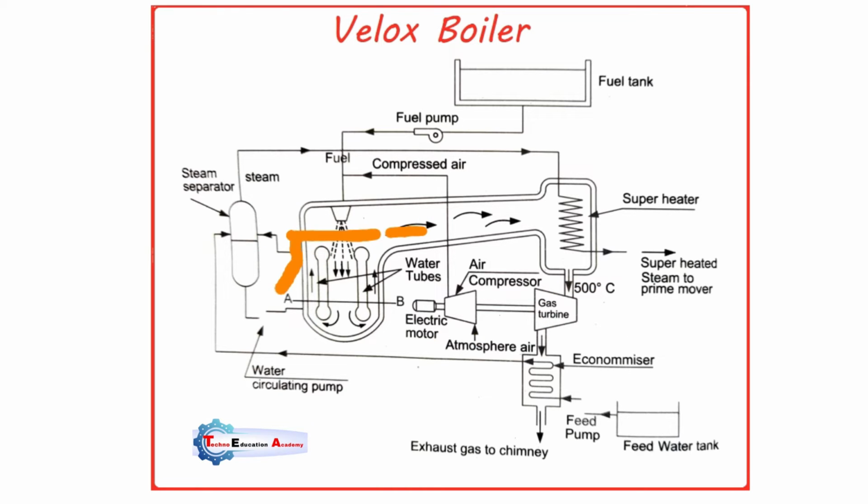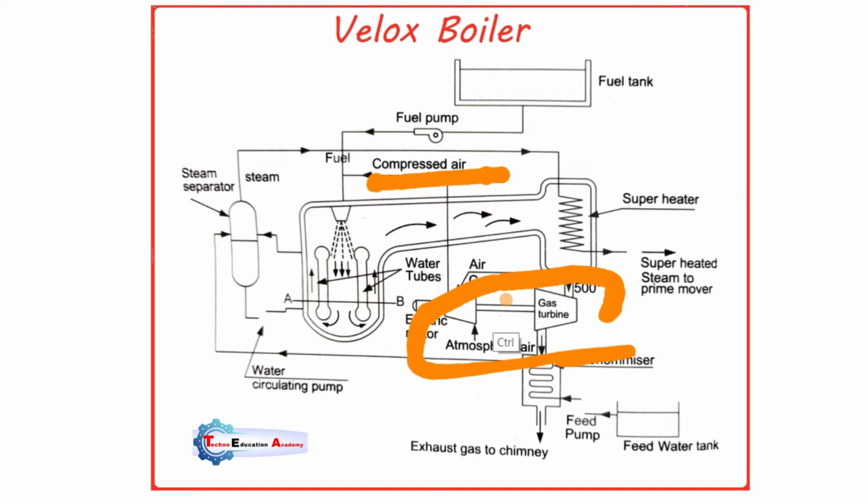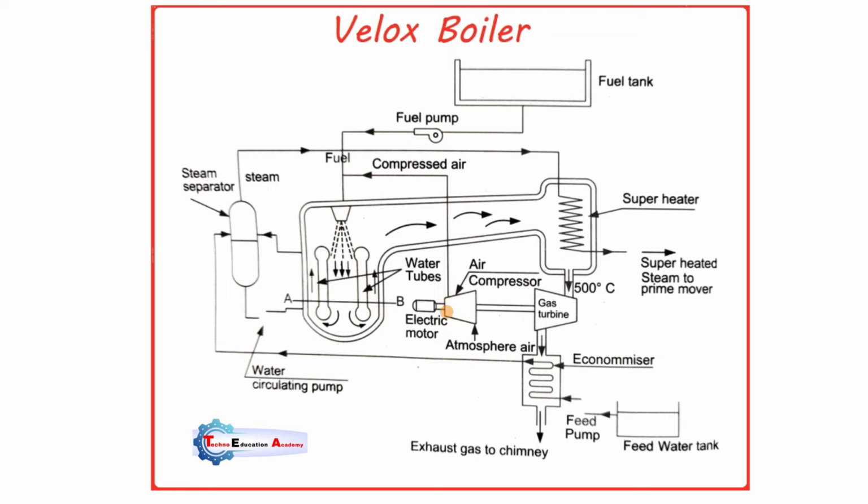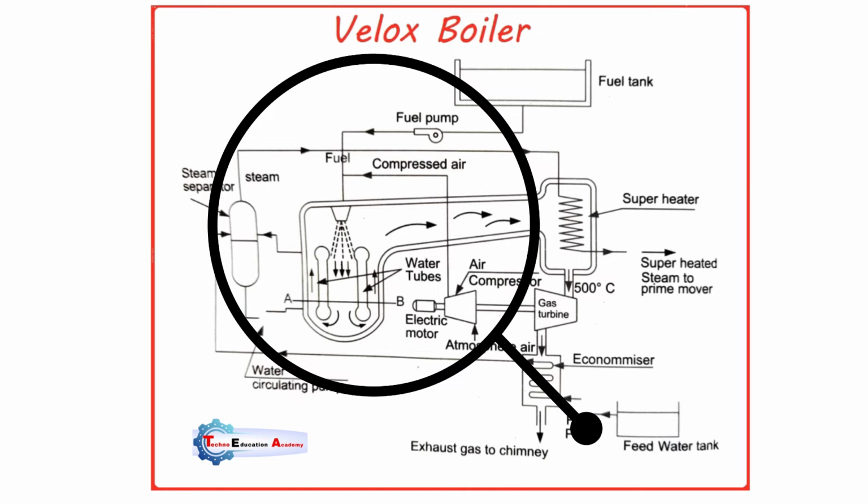Here we supply the fuel from the fuel tank, and compressed air is supplied from the compressor, which is driven by either a motor or a gas turbine. Hot flue gases pass inside the tubes at supersonic velocity, while feed water flows through the annulus between the two tubes, as shown in the figure.